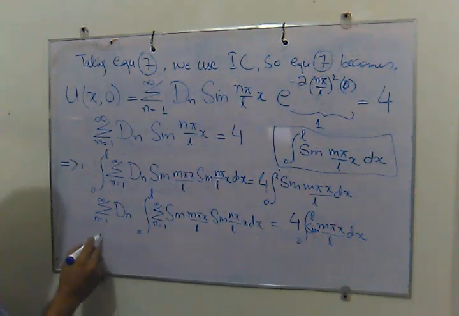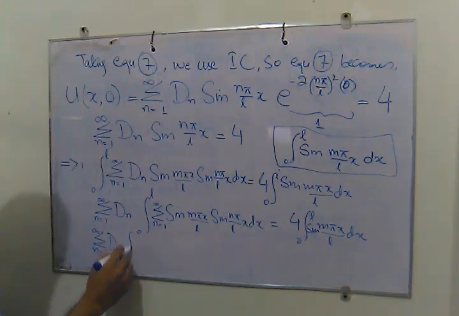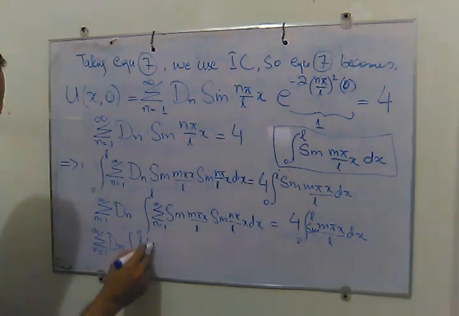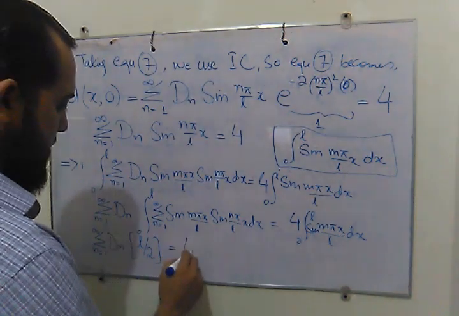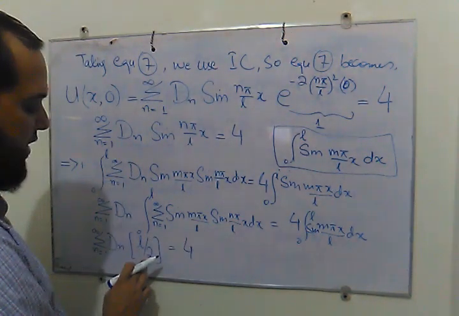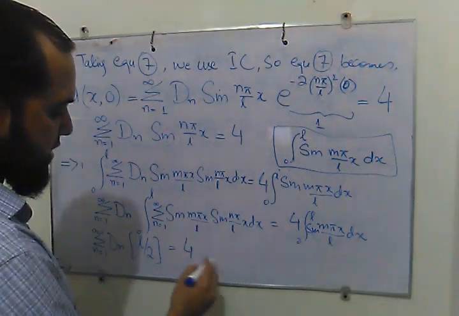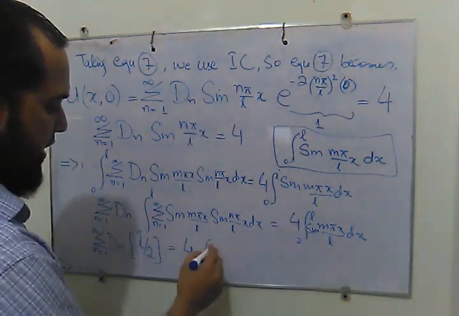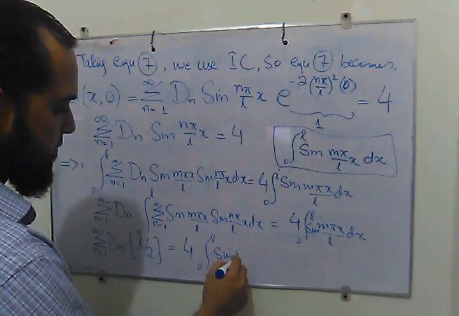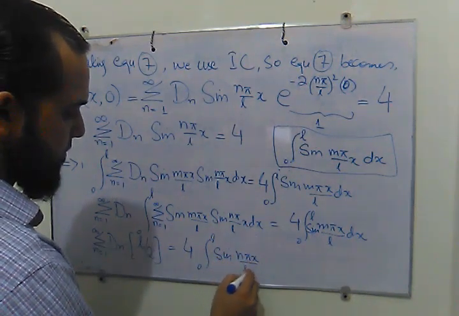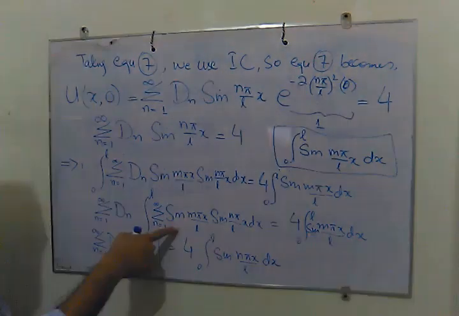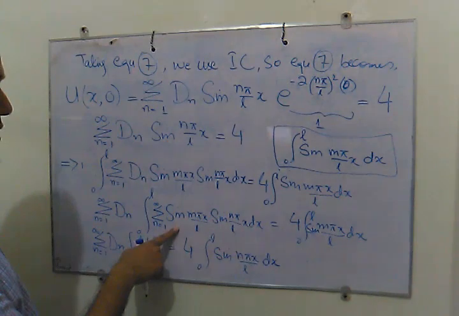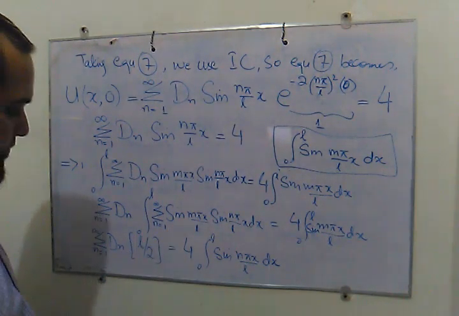So this integral would be solved as L by 2. And since this value came when m is equal to n, we can replace this m with n as well. We have seen this integral when we did the basic review of Fourier series.